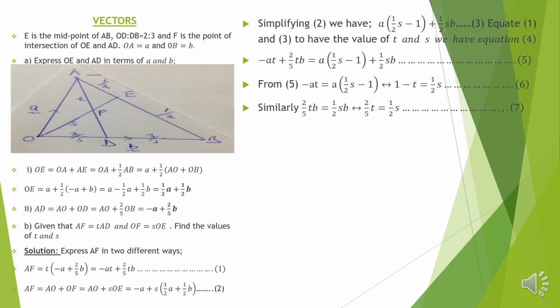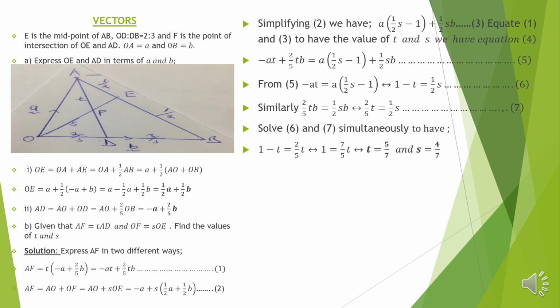Similarly, from 5, we can again equate components of B, which now goes to 2 over 5 TB equals a half SB. Then this can be simplified by cancelling B to 2 over 5 T equals a half S. Now, next, we solve equation 6 and 7 simultaneously to have 1 minus T equals 2 over 5 T, which implies that 1 equals 7 over 5 T. If you simplify and make T the subject, we have T equals 5 over 7.